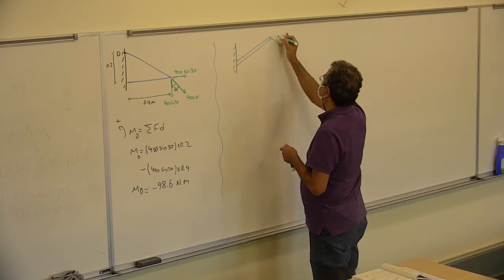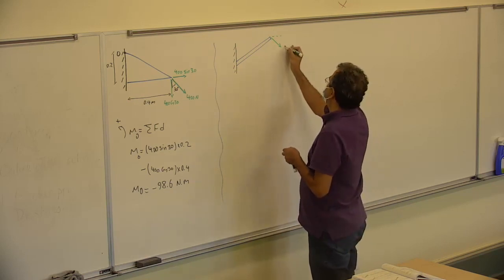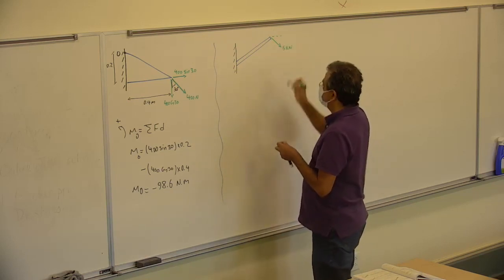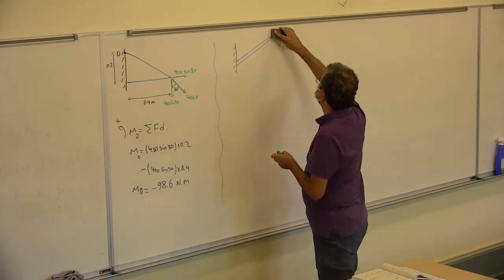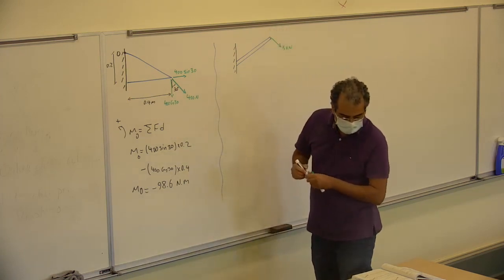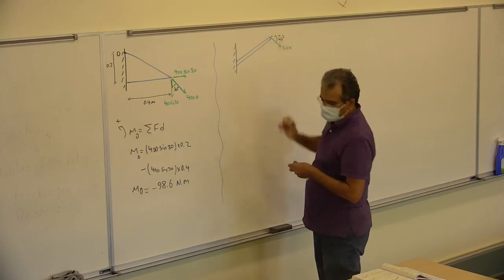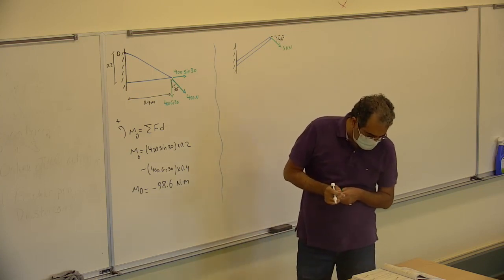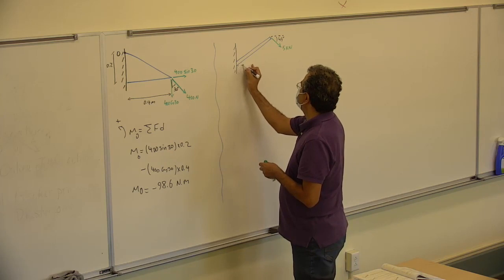This is 5 kilonewton. Then it's 45 degrees here and 30 degrees here.